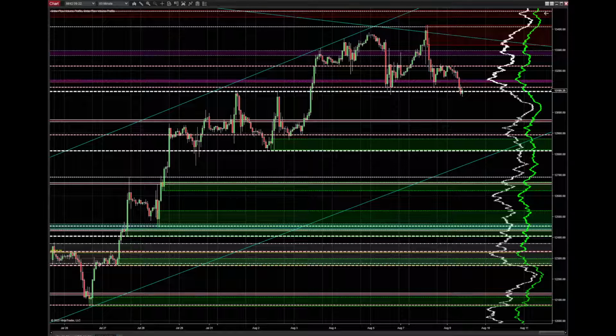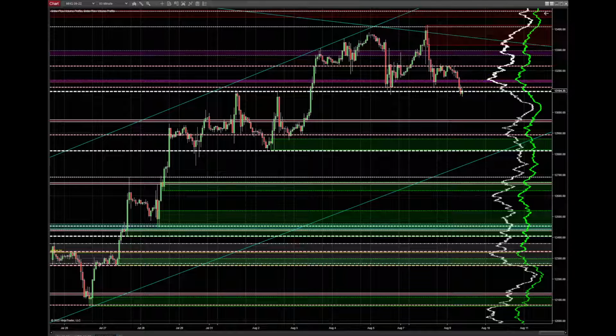Same pattern I'm seeing, right? Shoulder, head, shoulder, broke it. I didn't expect it to fall too much. I mean, it fell to here. Didn't expect that, but you know what? I can see it's coming back into here, chopping around. We'll see, right?